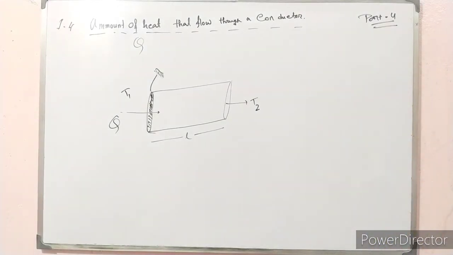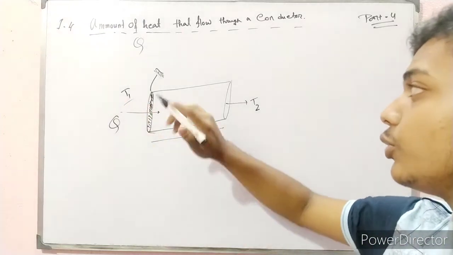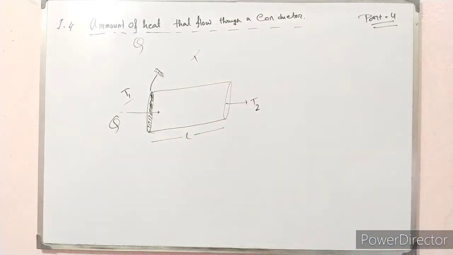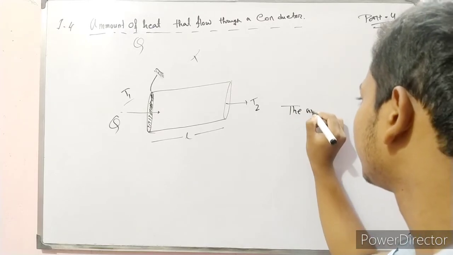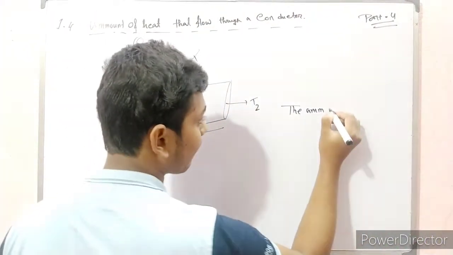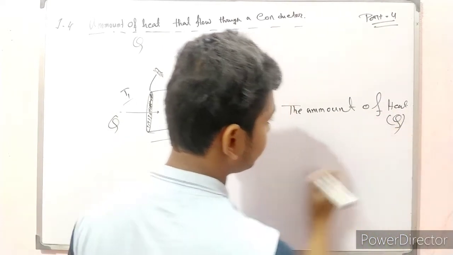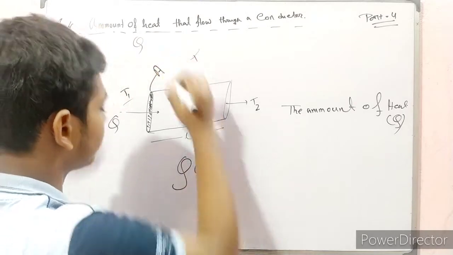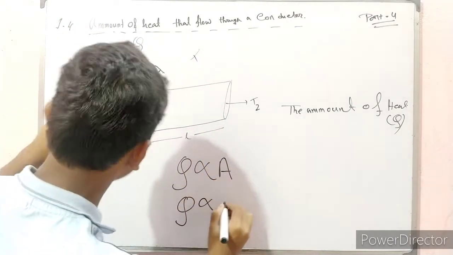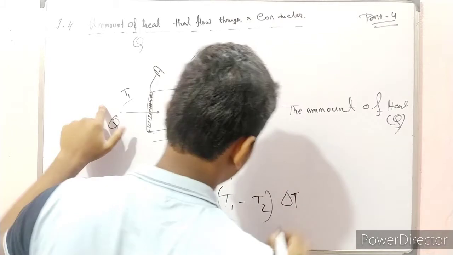For heat to flow from temperature T1 to T2 takes a time T. Here we can see that Q is directly proportional to the cross-sectional area A, and Q is also directly proportional to T1 minus T2, which is the change in temperature.